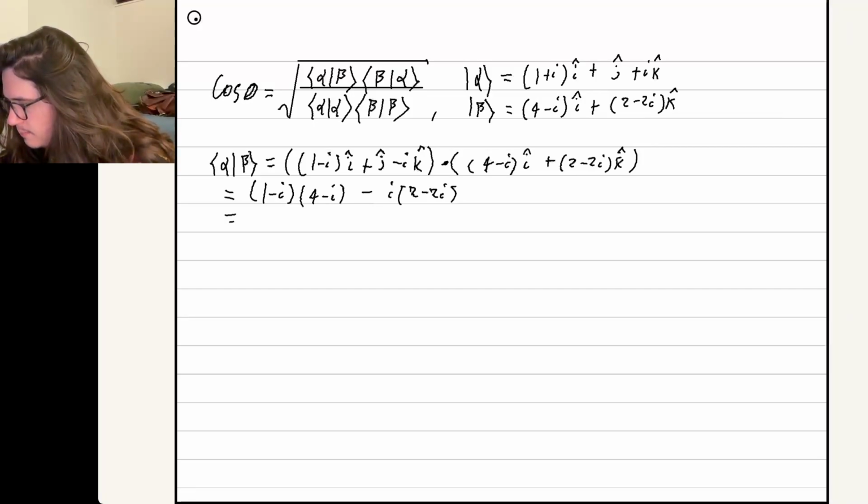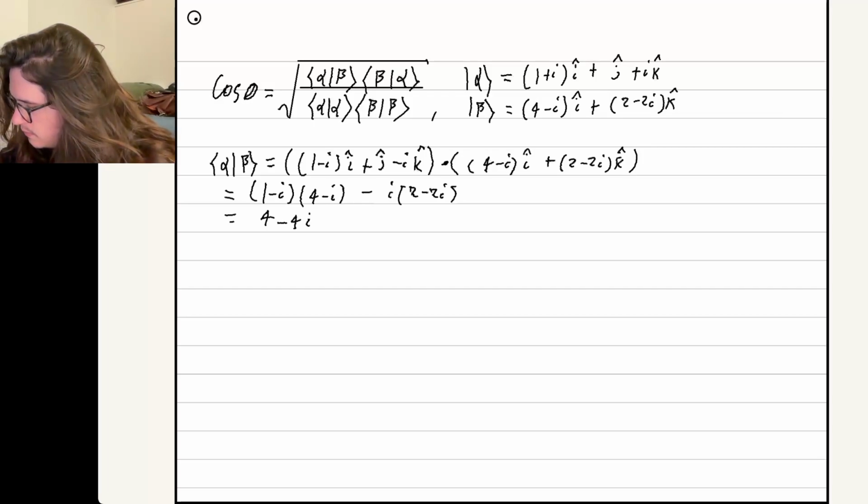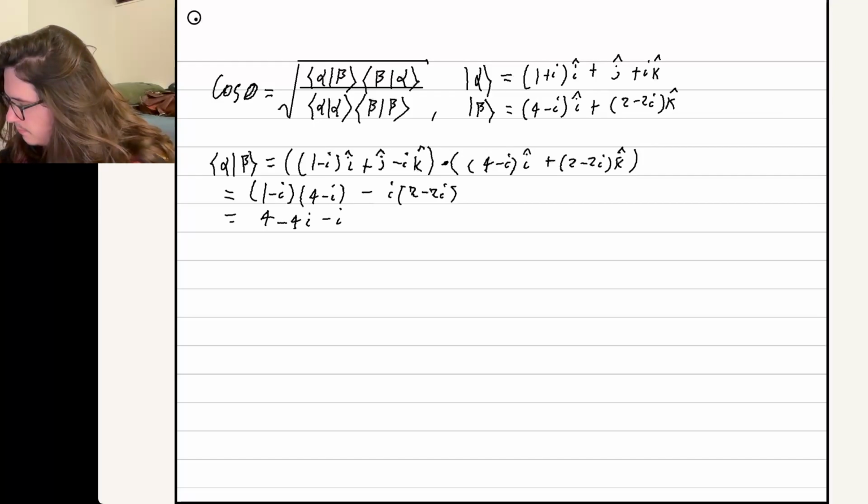Just expanding the multiplications, we have 4 minus 4i, whoops, minus another i, plus i squared, and this is going to be minus 2i plus 2i squared.